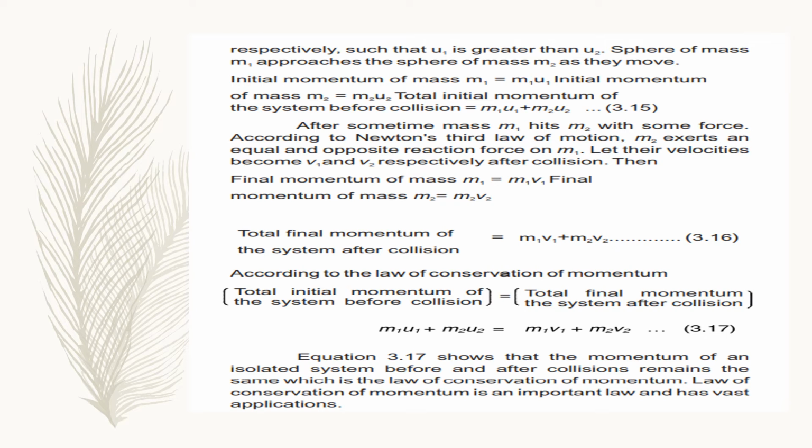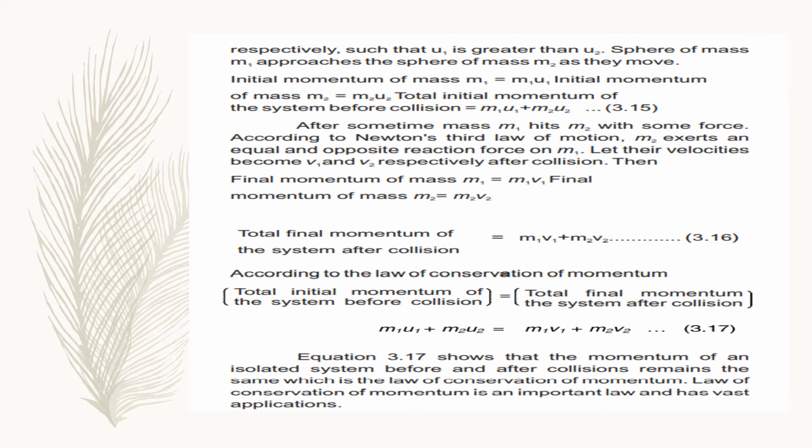Final momentum of mass m1 after collision is equal to m1v1, and the momentum of mass m2 after collision is equal to m2v2. So the total momentum after collision of this isolated system is equal to m1v1 plus m2v2.